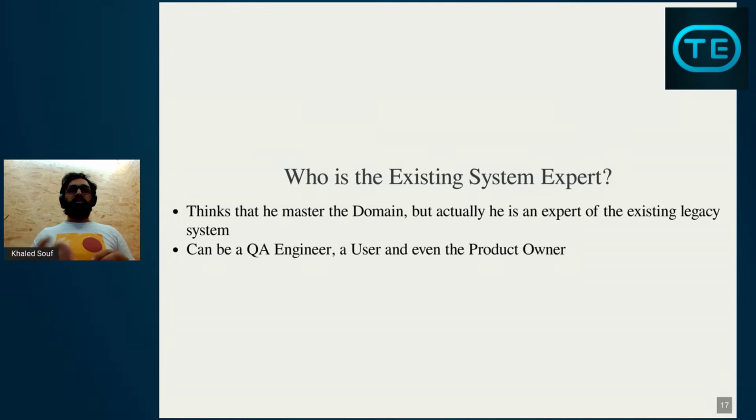He can be many things: one of the first product owners, a business analyst, a user, a QA engineer, because he knows almost every part of the system. It can also be somebody who was a developer at some point and then moved to a more business role in the team. So this is what I call an existing system expert.